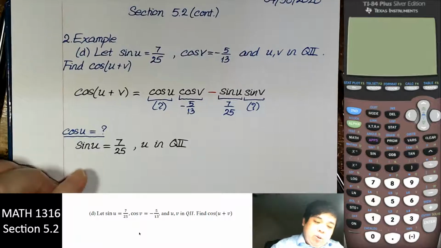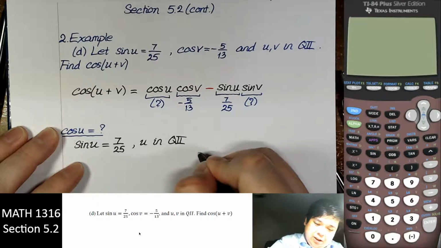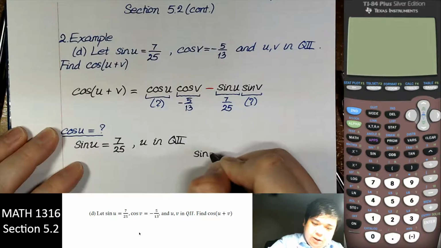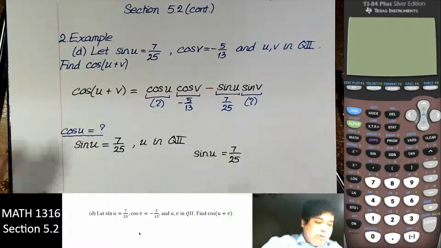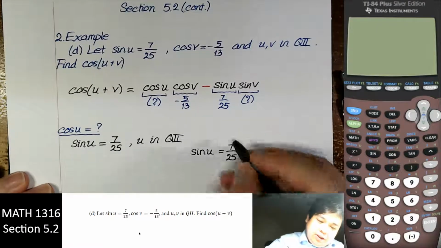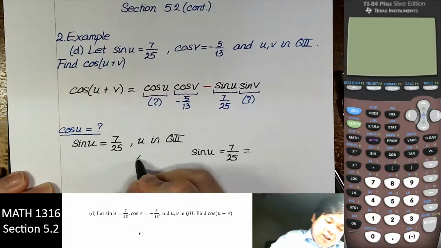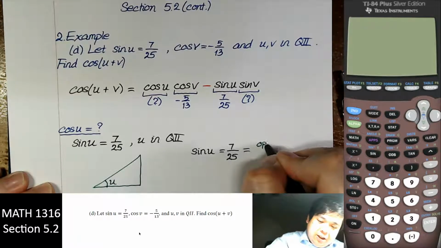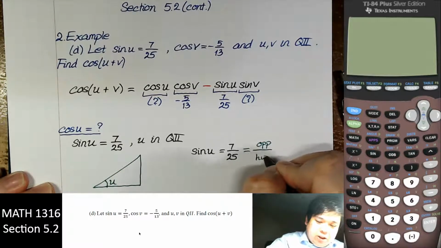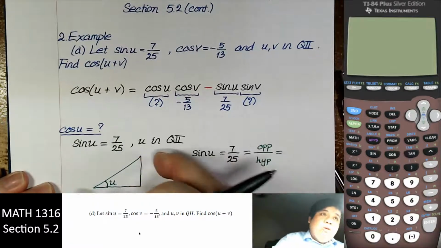Right, now we write down sine of u is 7 over 25. So for a triangle, sine is opposite over hypotenuse, or y over r.